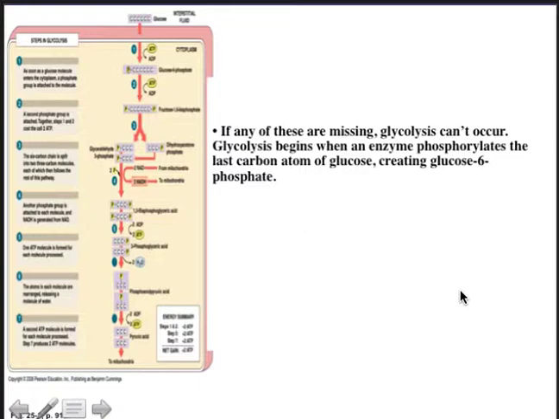It begins when an enzyme phosphorylates the last carbon atom of glucose and creates a molecule called glucose 6-phosphate. So what's happening here at the cell membrane is that glucose is being delivered by the bloodstream.